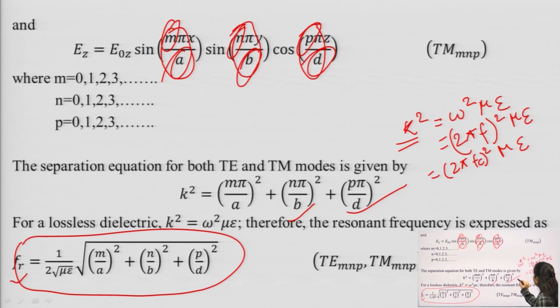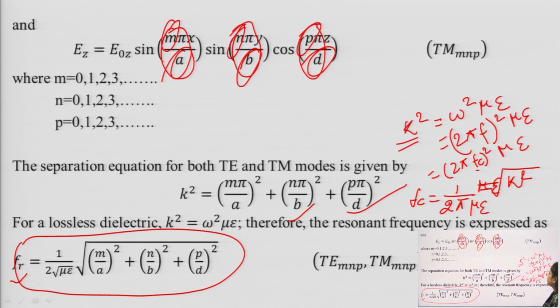And when we say we now want fc, it will be 1 by 2π, and this will be k², and this will definitely be k, and the k will be under root of this.